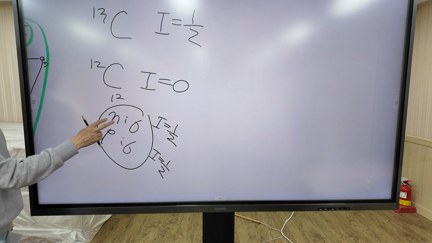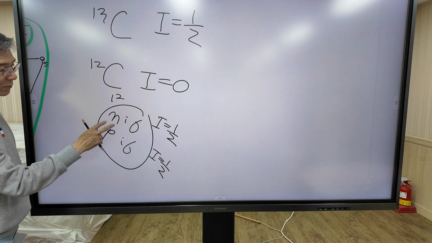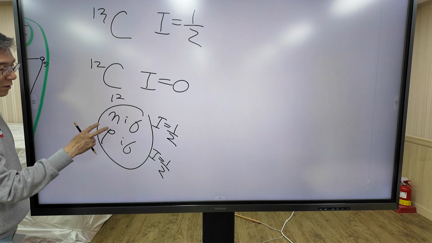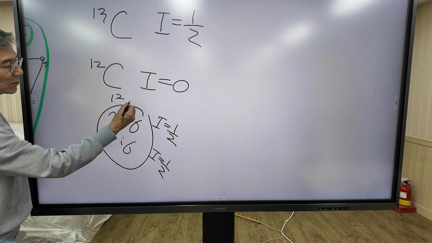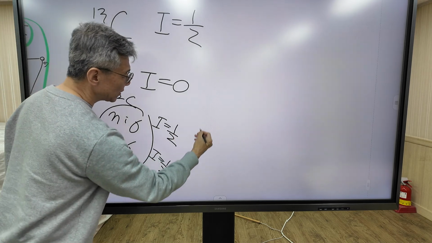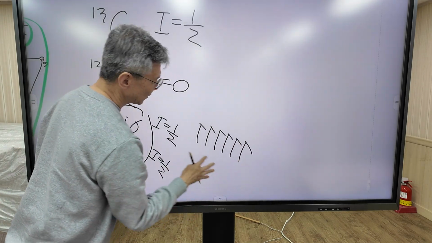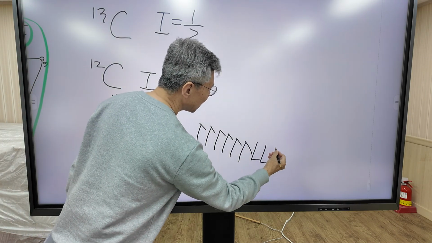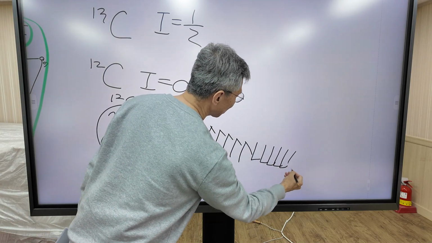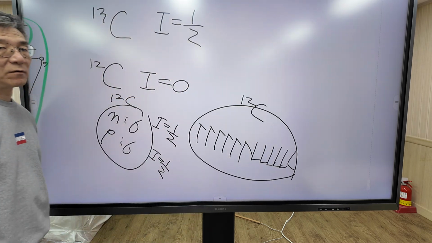So there are two possible orientations for a neutron, up spin and down spin. Similar to the neutron, the proton also has spin up and spin down. According to particle physics, in the ground state of carbon 12, 6 particles are up spin and 6 particles are down spin. This is the ground state of carbon 12.